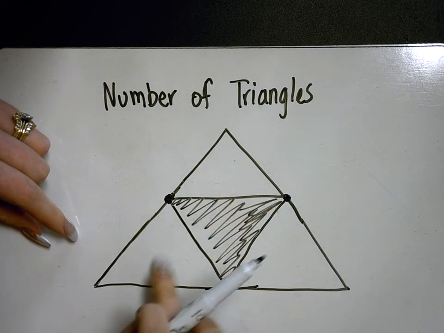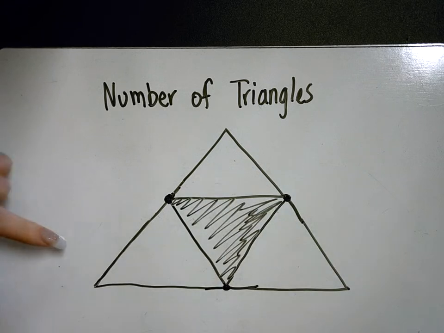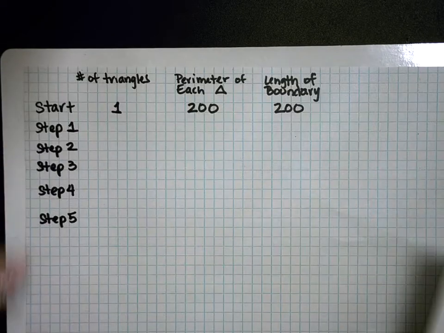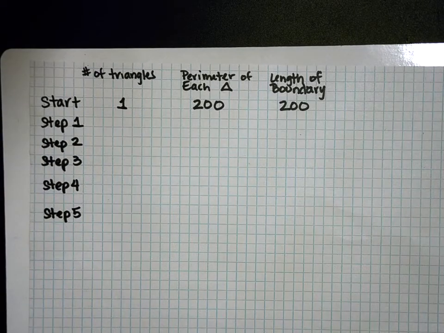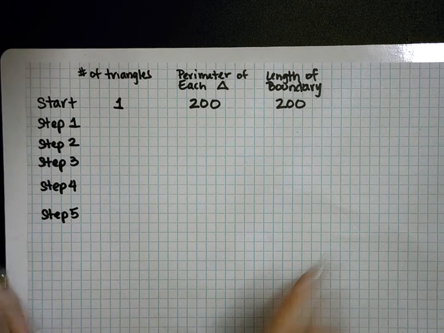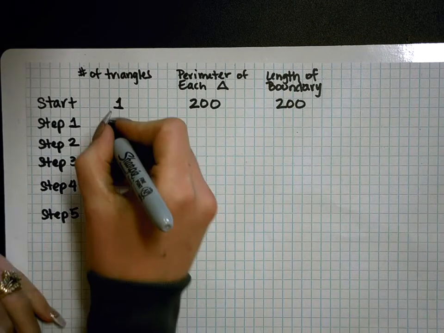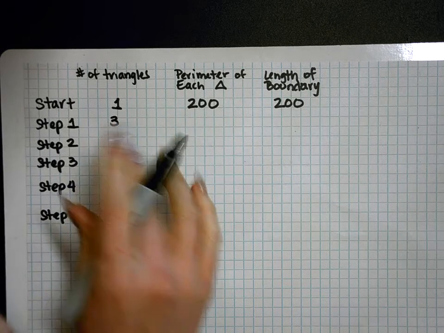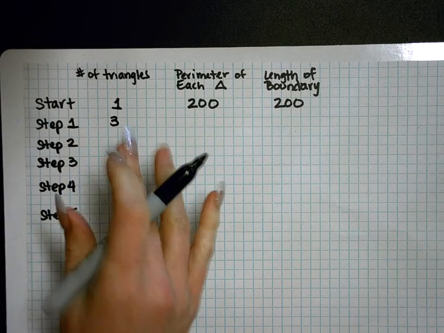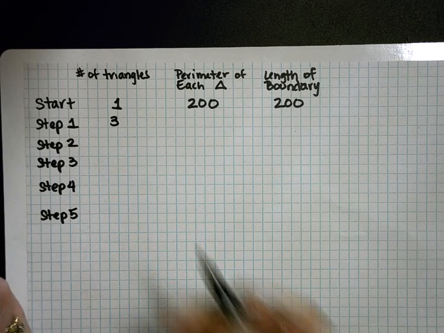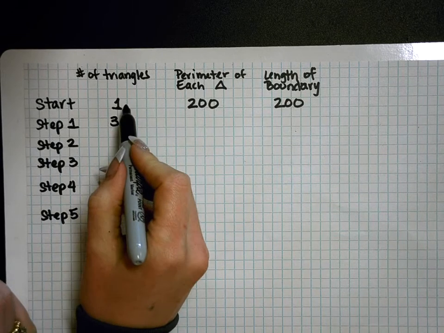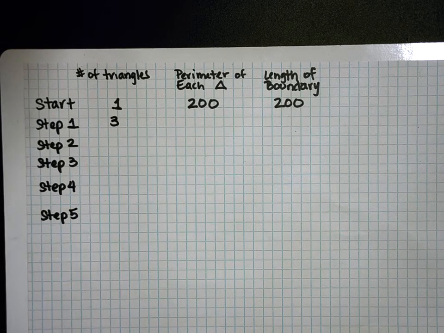So now we're just left with 3 triangles. We started with 1 triangle, and now after step 1 we have 3 triangles. That means the number of triangles increased by a factor of 3. We could have figured this out by going 1 times 3, and we get 3.